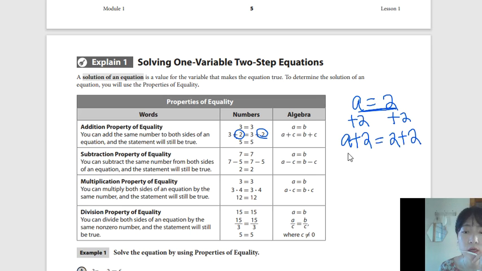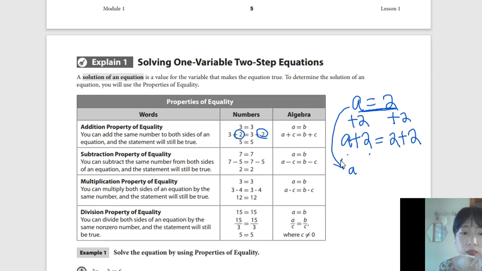Basically, with the addition property of equality, you have to add the same thing on both sides if you want to add. So if you have, say, a is equal to 2, and you want to add 2, you have to do it on both sides so that the equation doesn't change. So a plus 2 equals 2 plus 2, because a is equal to 2. That makes sense, right? Same thing for the subtraction property of equality: you subtract from both sides.